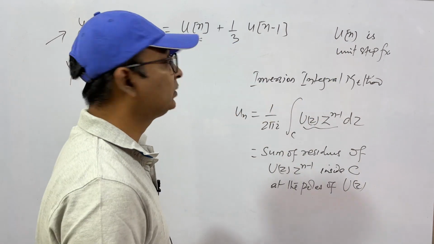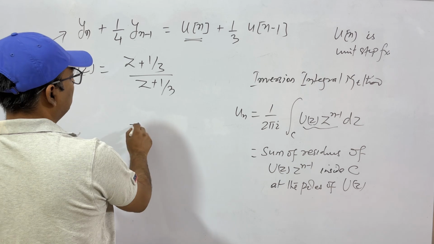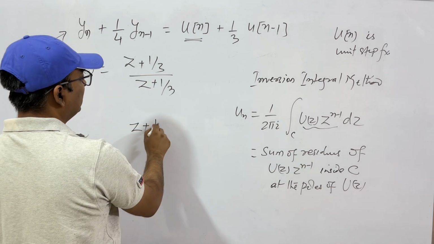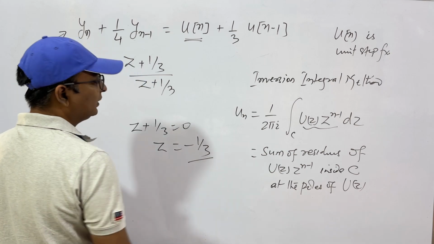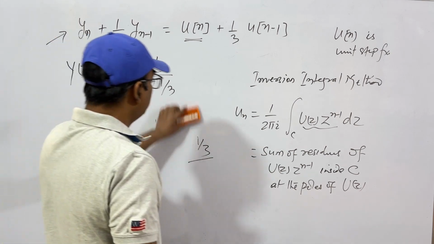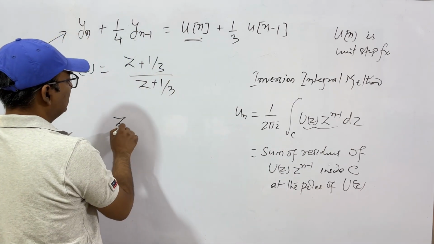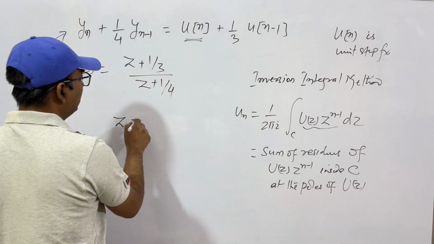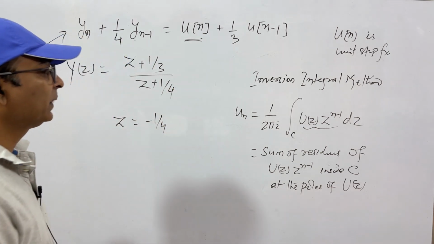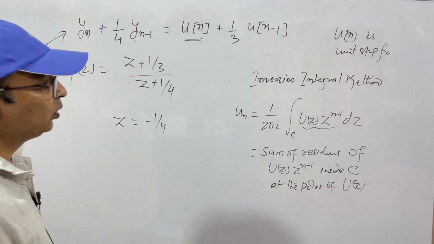What are poles and zeros? Here we put the numerator equal to 0, that is z equal to minus 1/3. So this is the zero of this function. And what is the pole of this function? The denominator. So z equal to minus 1/4 is the pole of this function.